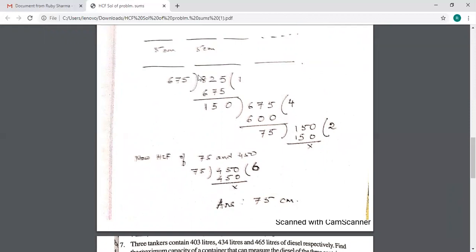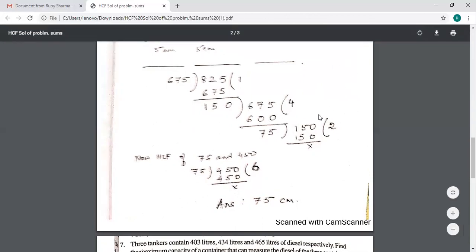Now see, I found the HCF. First I've taken any two numbers, 675 and 825. Then I divided it, I got the remainder 150. Now this is the divisor, and this first divisor will become the second dividend. Then again you calculate it. All these you need practice, you need to multiply in your rough. Now 150 into 4 is 600, that you need to show in the rough.